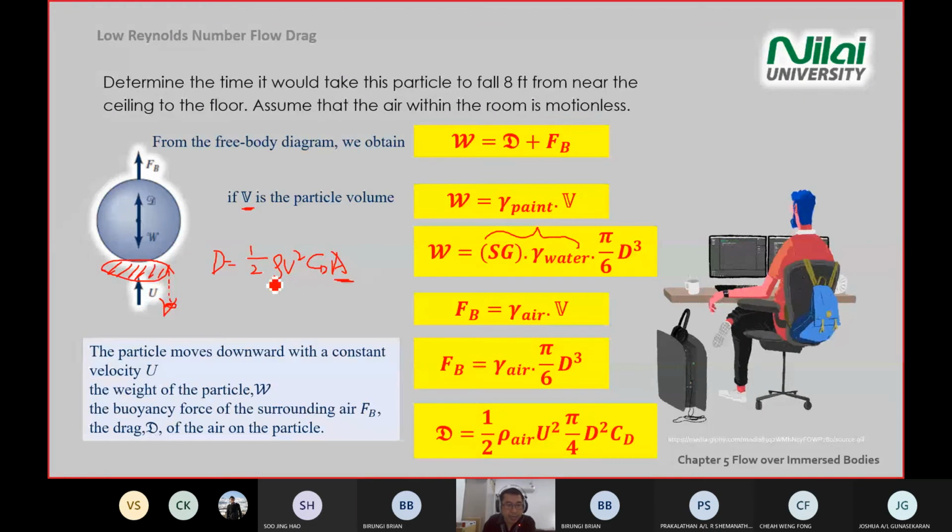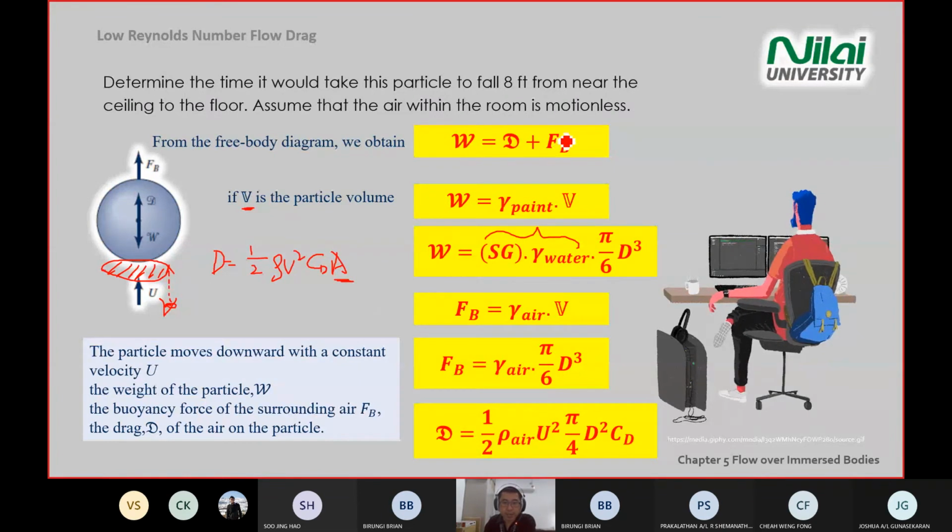So A is pi r square, or pi d square divided by 4, in this equation. So in this slide, you can already balance everything in this equation, W equals D plus FB.